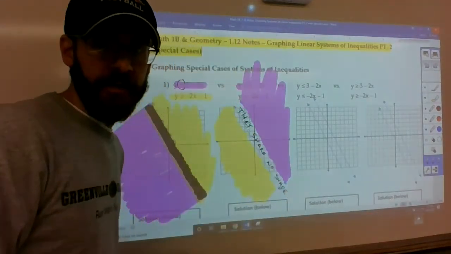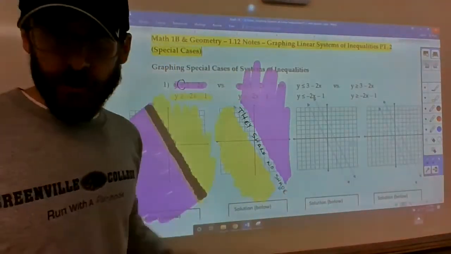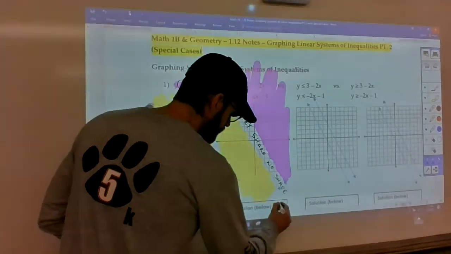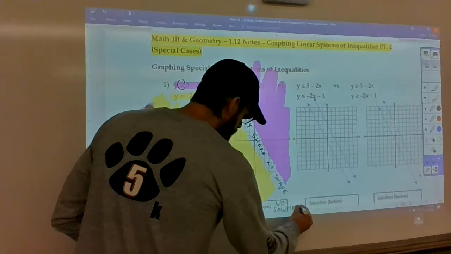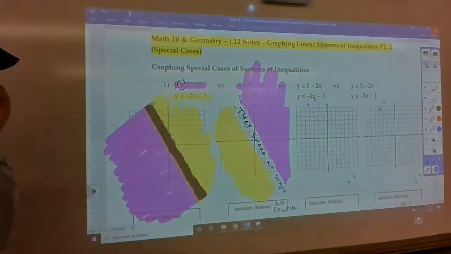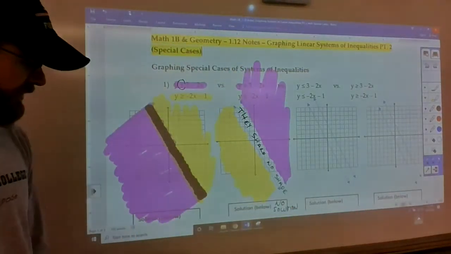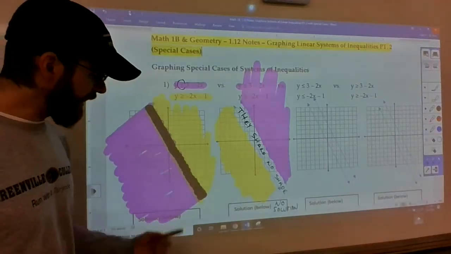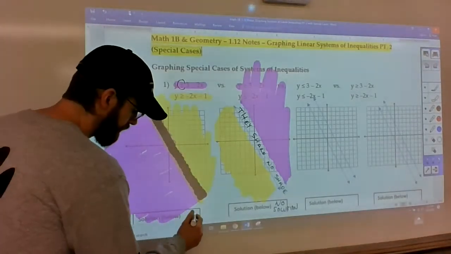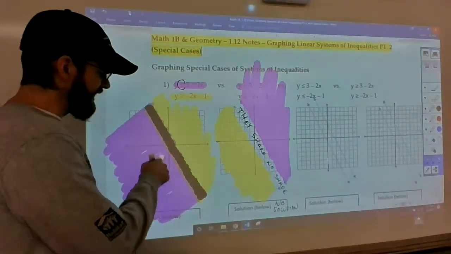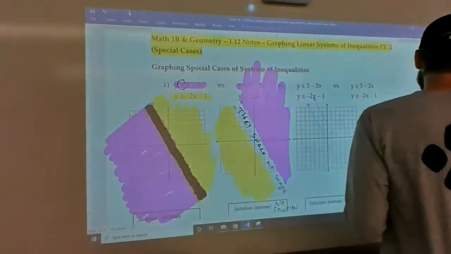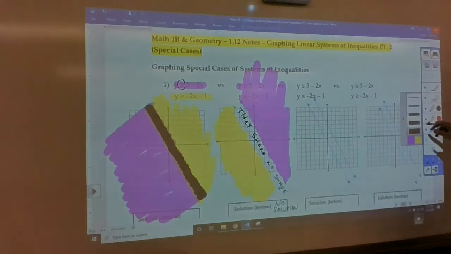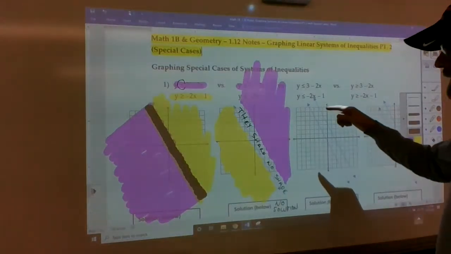They share no shade. That's no solution. And I guess I didn't say what the solution for this one was, but I would say, well, it's this shaded region right here. Interesting. Let's move on to the next one.